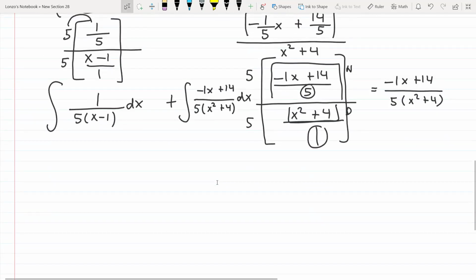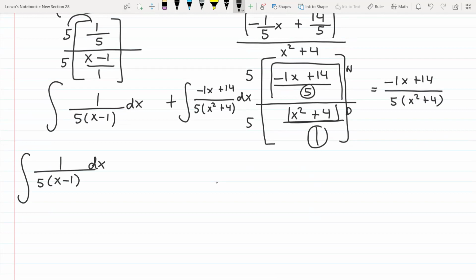Okay. Then what I would do next is start integration with u substitution, right? So let's start with this. How would I integrate this? Well, 1 over 5 is a constant, right?